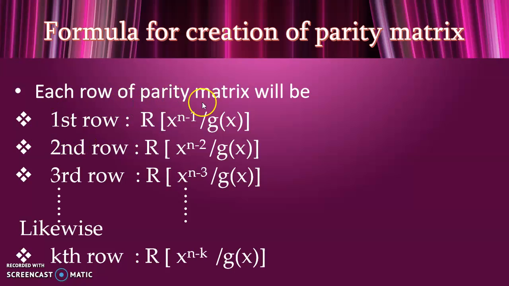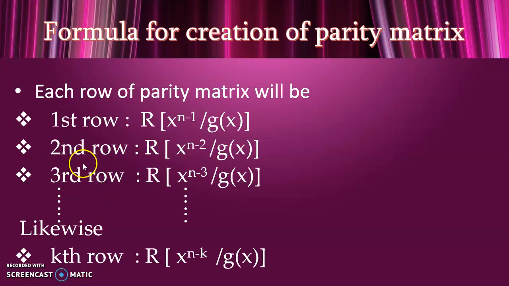Each row of parity matrix will follow the following formula. The formula for first row creation is x to the power n minus 1 divided by g(x), and the remainder of this whole term will be the first row of the parity matrix.